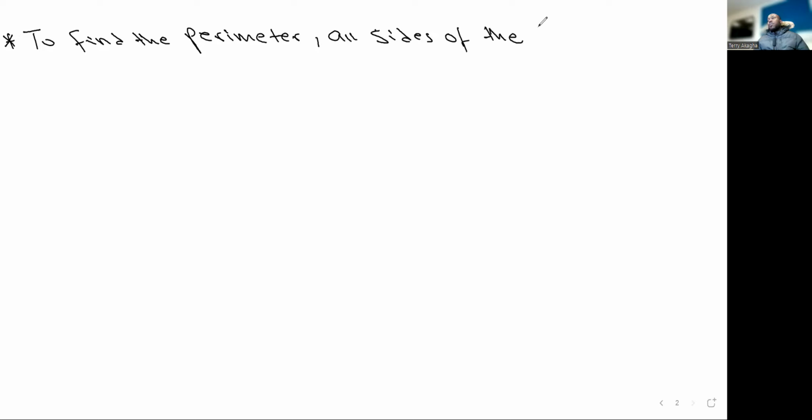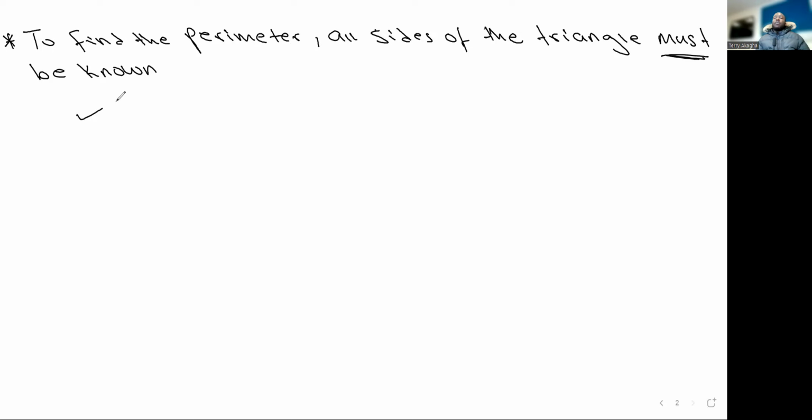To find the perimeter, all sides of the triangle must be known. Okay? So in order to find the perimeter, you must know all the sides of the triangle.